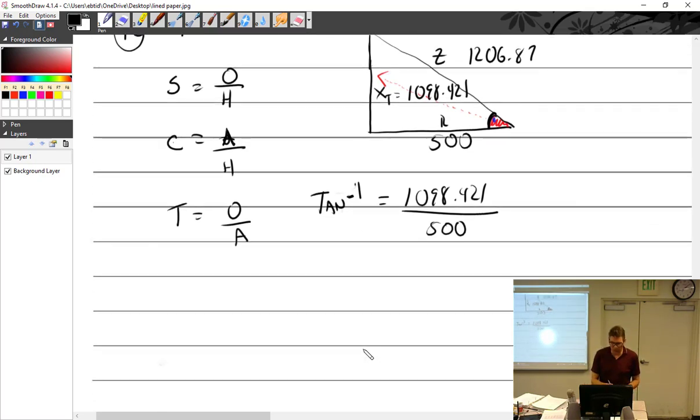So it's tan minus 1 of 1098.421 divided by 500, close the parentheses, equals 65.53 degrees. So that is technically the angle theta equals 65.53 degrees.